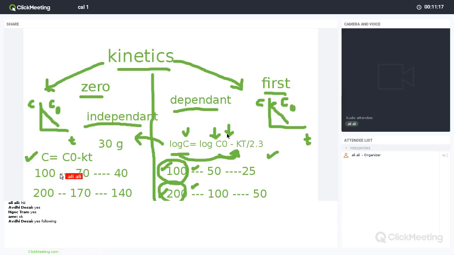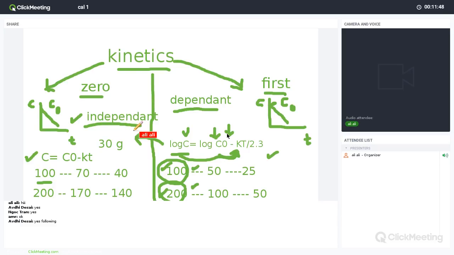So the amount eliminated for the zero order reaction is not dependent on the concentration. It is not dependent on the concentration. So it is concentration independent. By the way, this is an exam question. You will find that one of the exam questions, also on recalls, is whether the zero order reaction is concentration dependent or concentration independent in the choices.